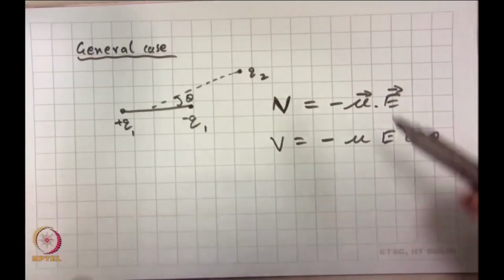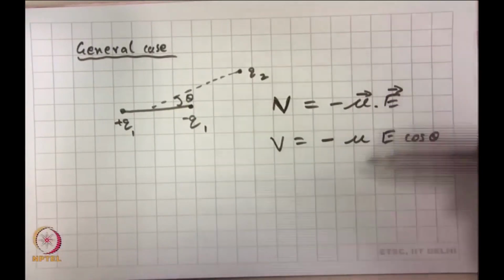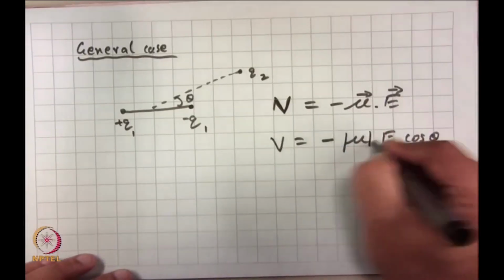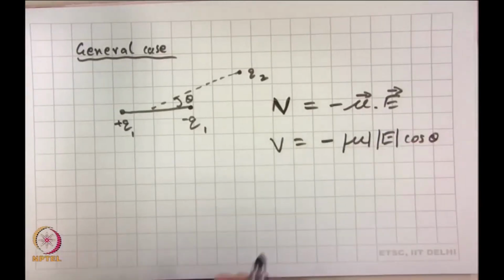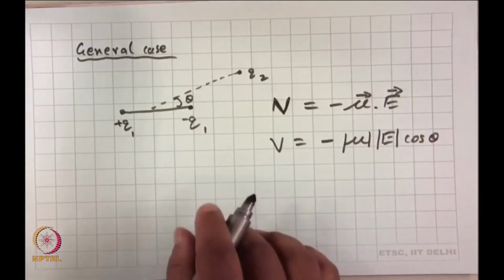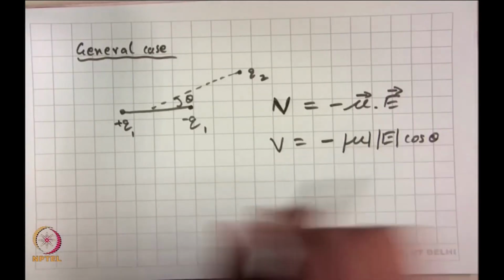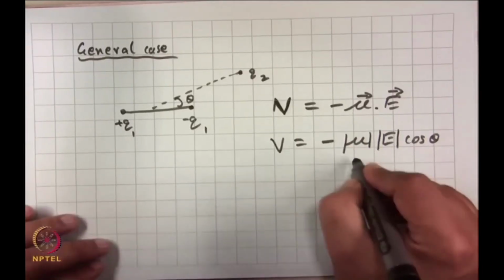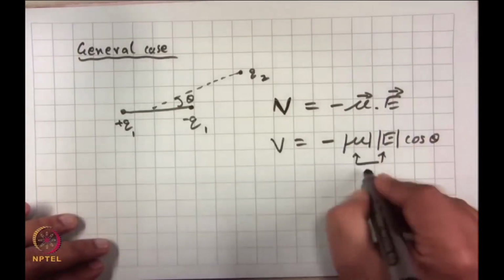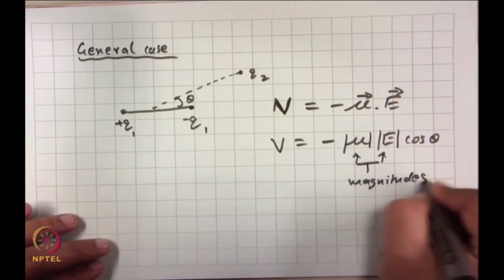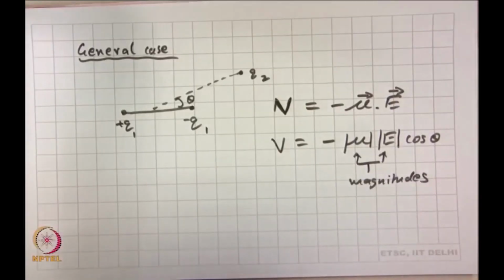But remember, when we go from this dot product to the scalar product, what are these quantities? These are referred to as the absolute magnitudes of the respective vectorial forms. So essentially the magnitude of a dipole is QL.